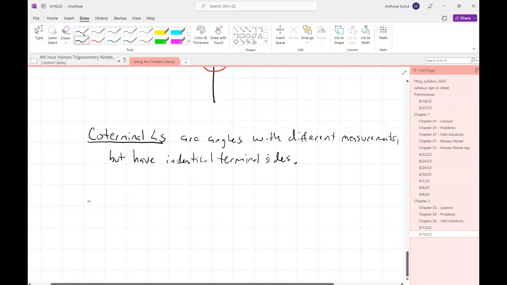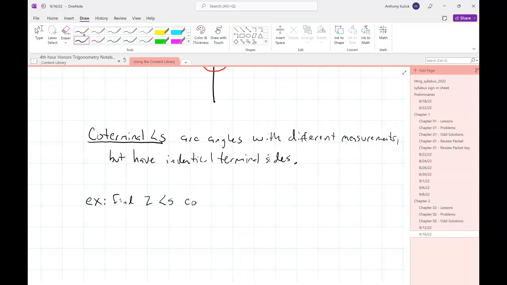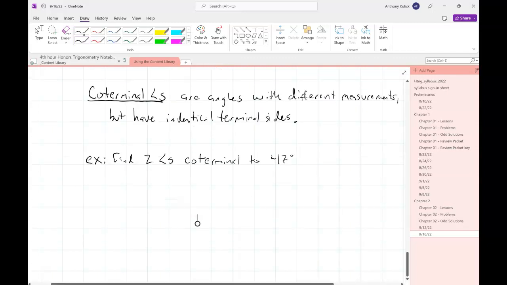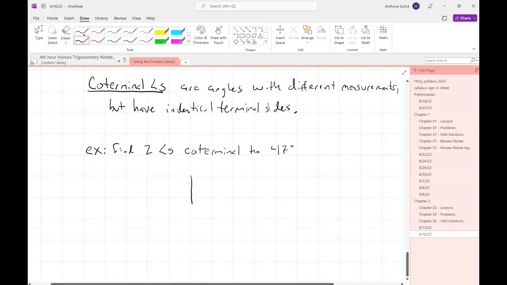So let's take a moment and do some examples here. Let's say we want to find two angles coterminal to 47 degrees. All right, well, bless you.